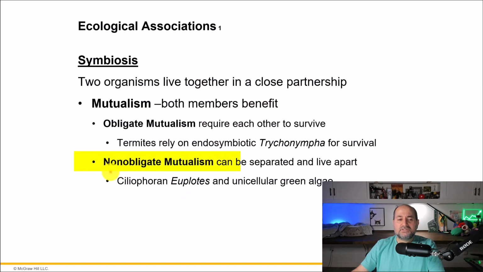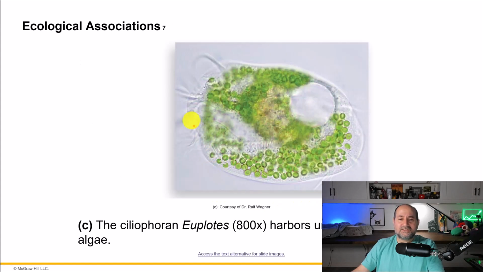An example of a non-obligate mutualism, they benefit from each other's presence, but it's not required, right? So an example is the Climacostomum, which harbors a unicellular green algae. See, this is a ciliated protozoa, and it harbors these green algae inside. Isn't that neat?